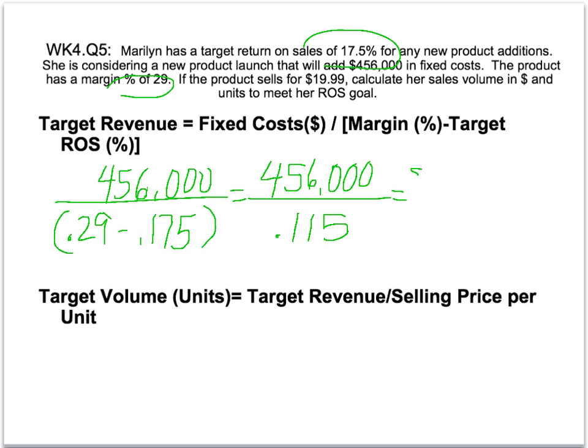So the answer is a target revenue of $3,965,217.